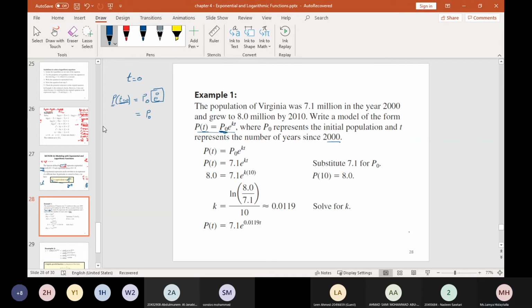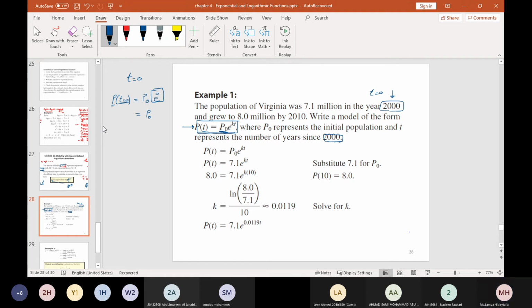That means you will start from the year 2000, that is at the beginning, when t equals 0 is the year 2000. Okay. So what do we want? We want the function, so we can use it to find the population after any time.